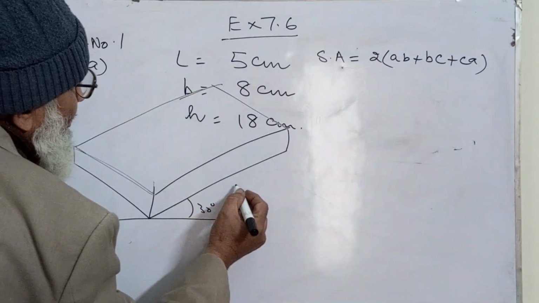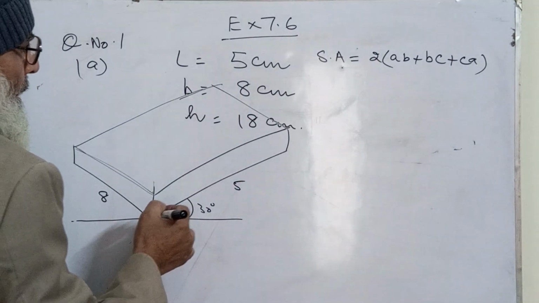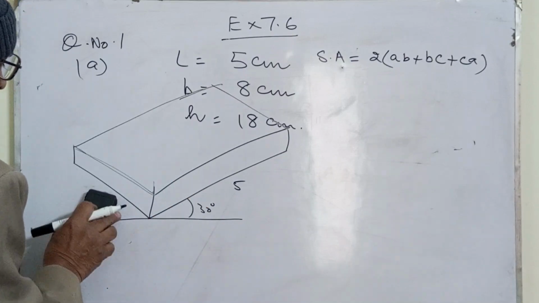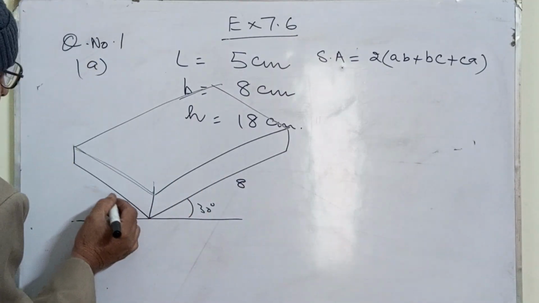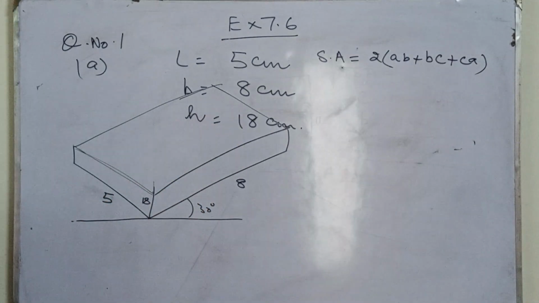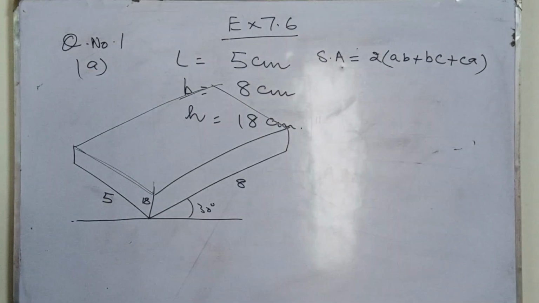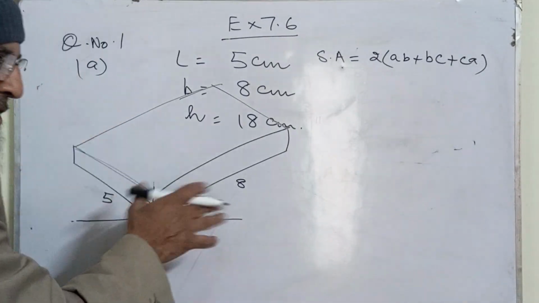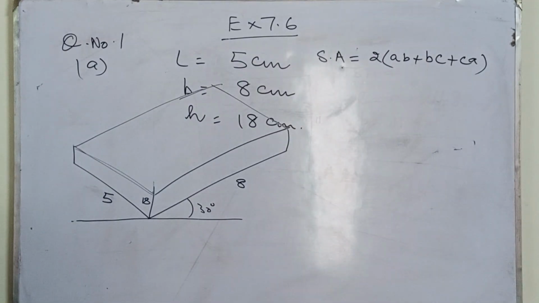Now length is 5 centimeter, breadth is 8 centimeter, and let me change because this is a longer one. This is 8, this is 5, and height is 18. Okay, 18 will come over here somewhere, but just imagine that this is right. Not to scale.